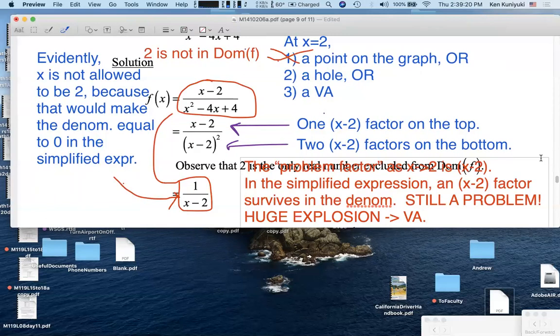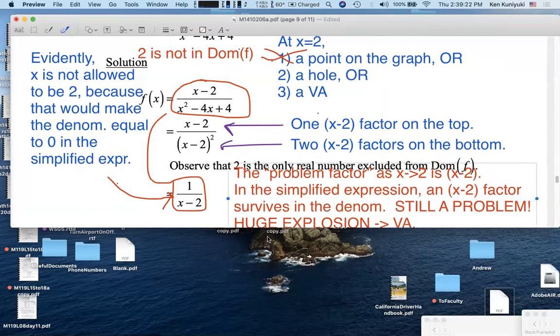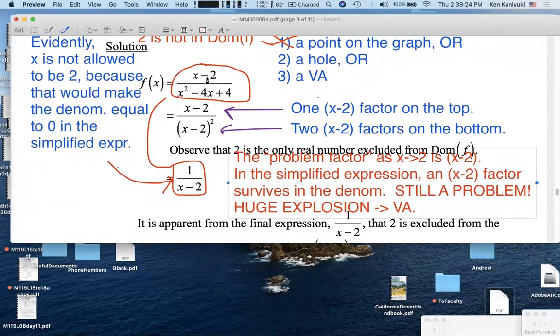So as x approaches 2, this x minus 2 factor up here, this robot, it valiantly tried to save us from a big old explosion, but it failed. We needed 2 or more robots. We only had 1. We had these 2 bombs over here. One robot did knock out one of the bombs, but we still have that second bomb that survived down here. As x approaches 2, that bottom is still approaching 0, which means we're going to get a huge explosion.